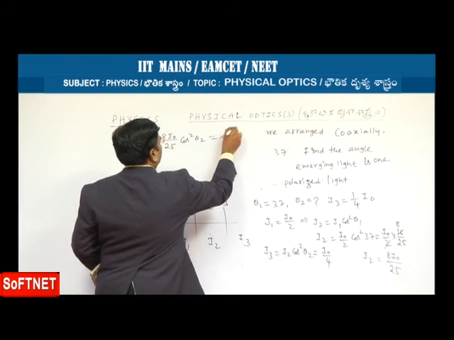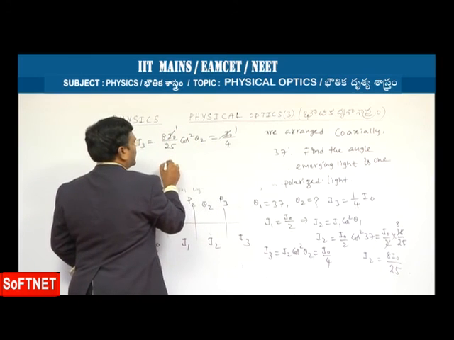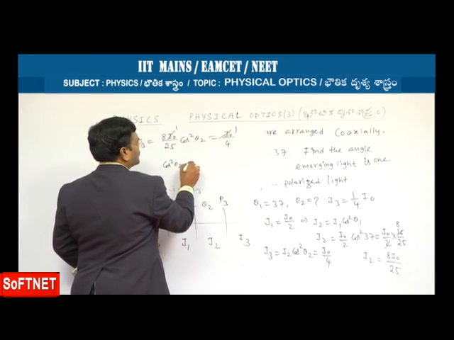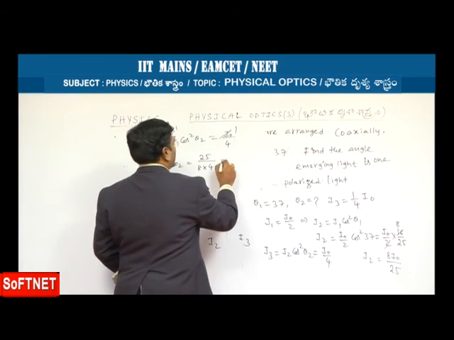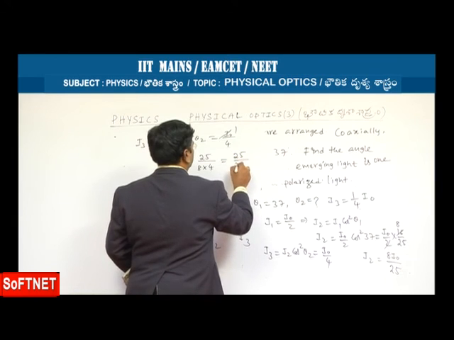I0 gets cancelled. Now cos square θ2 is equal to 25 by 8 into 4, so 25 by 32.